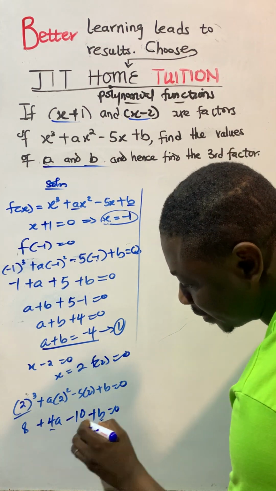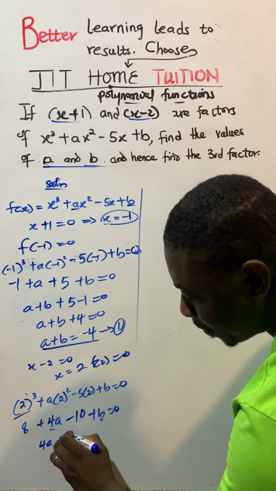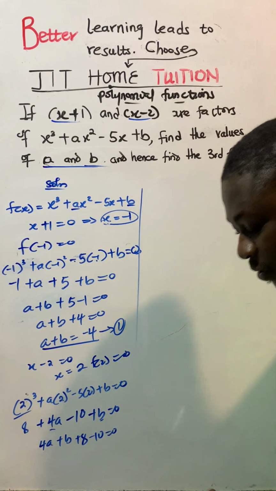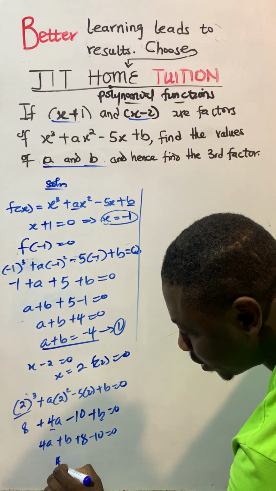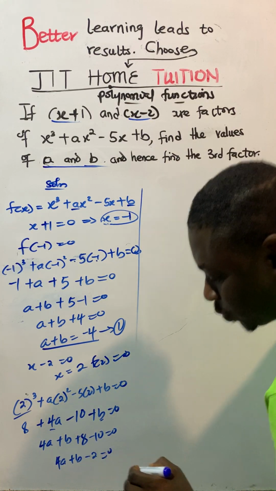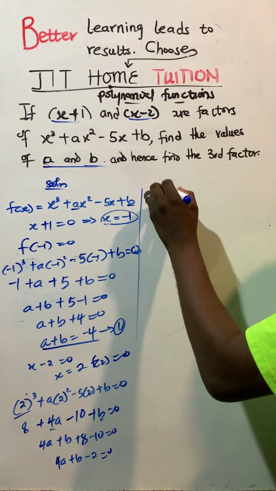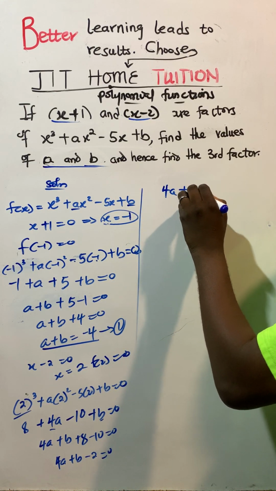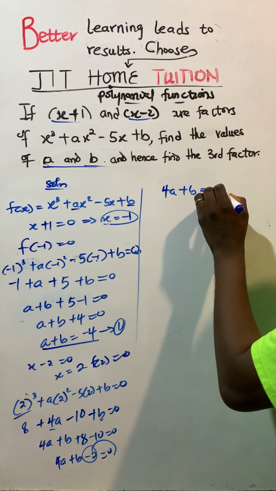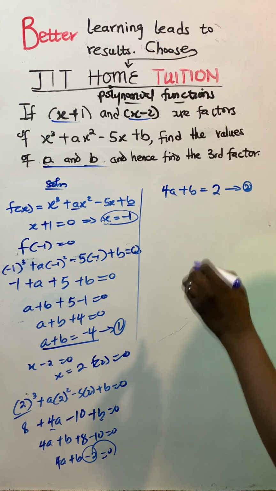So you want to rewrite it as 4a plus b plus 8 minus 10 equal to 0. Then this side will give you 4a plus b minus 2 equal to 0. So at the end of the day, you have 4a plus b equal to, because when this one crosses the equal to sign, you have +2. So this is equation 2.